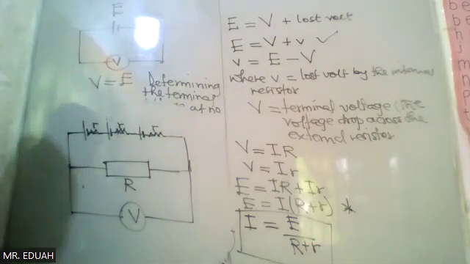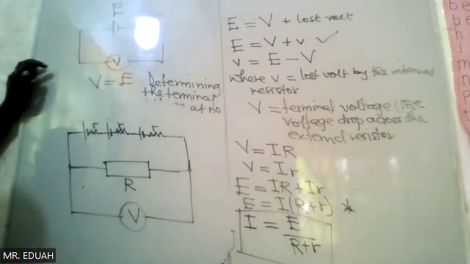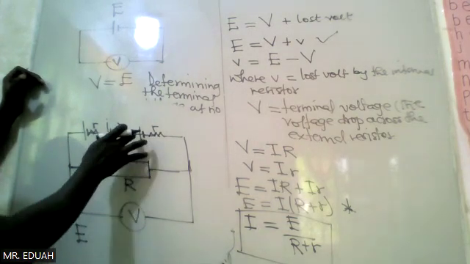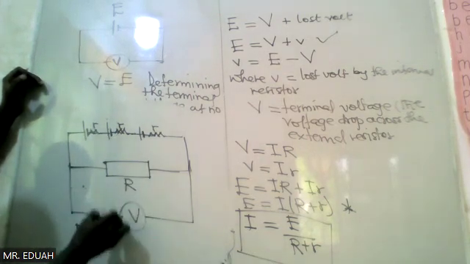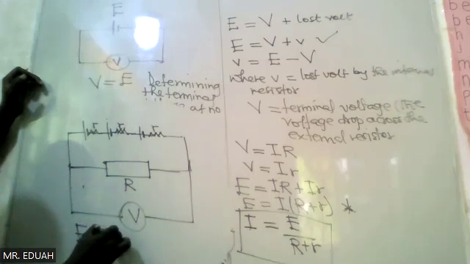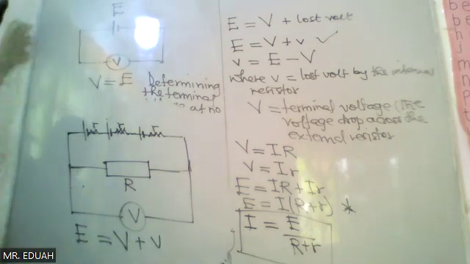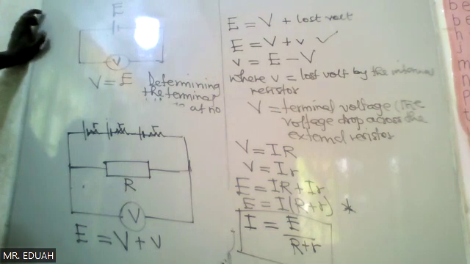So if I'm asked to calculate the current flowing through the circuit, I know the total source EMF must be equal to the voltage drop across the resistor V plus the lost volts by the internal resistance.